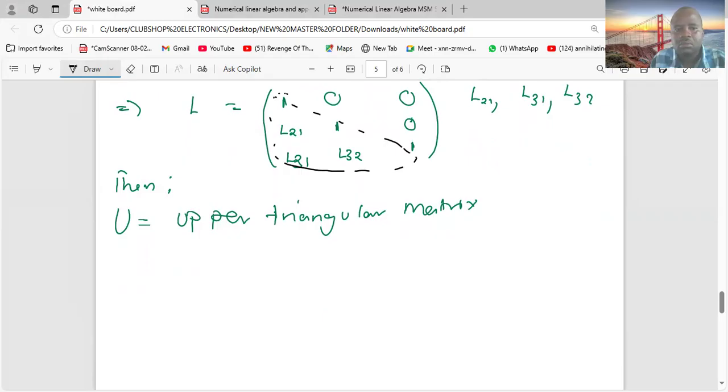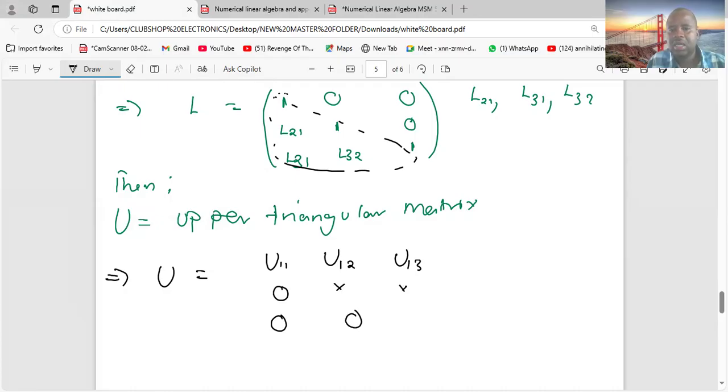So what this means, therefore, is that for the upper triangular matrix, we can have, maybe I'll call it U11. That is the first row, first column. U12, and also U13. That is for a 3 by 3 matrix. Then we need to have 0 here, 0 here, and also a 0 here, meaning that these 3 are non-zeros.